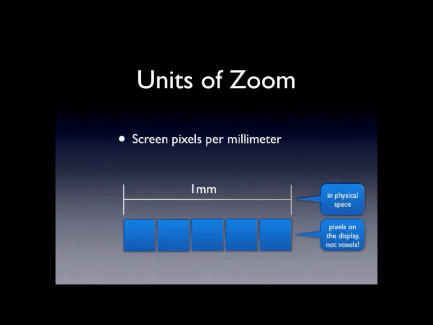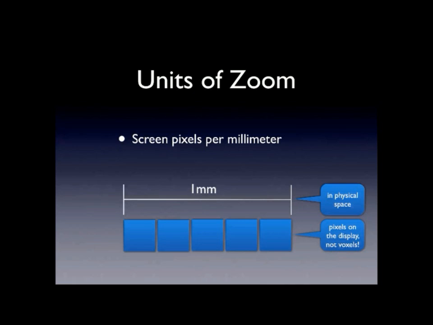The reason we use this measurement is that our voxels might be anisotropic. We might have a voxel size of 1 by 2 by 5 millimeters. And if we try to describe zoom related to the voxel size, it would be inconsistent between views.